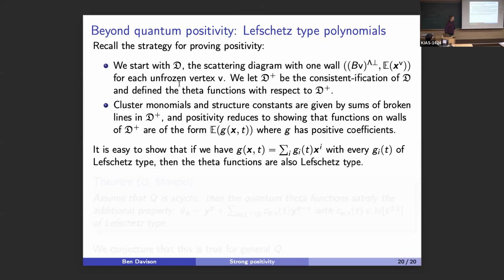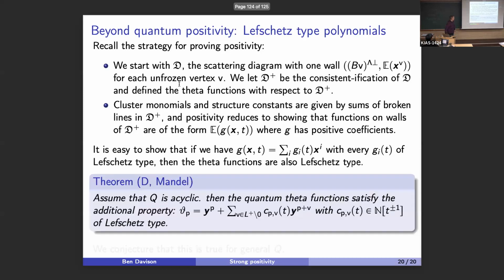So it's kind of tempting to suppose that the following is always true. Then what we proved is that the quantum theta functions satisfy this additional property. Not only are they positive, but all of these coefficients are of Lefschetz type. Again, this generalizes something I proved a few years before.